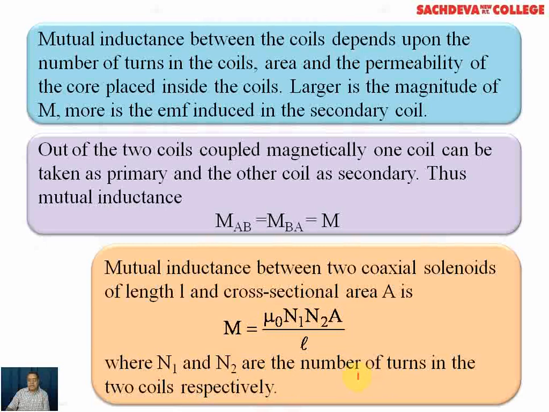Mu naught is the absolute permeability of the medium where the coaxial solenoids are kept. L is the length and A is the area of the coil. If the medium is not specified, then the coaxial solenoid is kept in air or vacuum. In that case, mu naught can be taken as 4π×10^-7 henry per meter or weber per ampere meter.